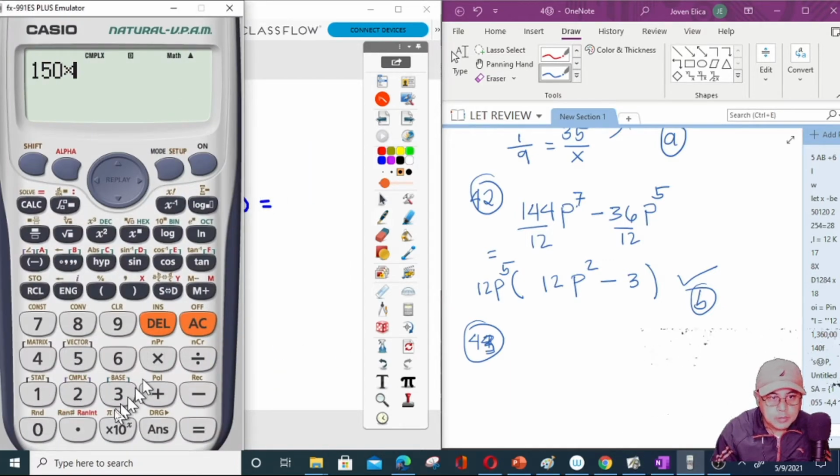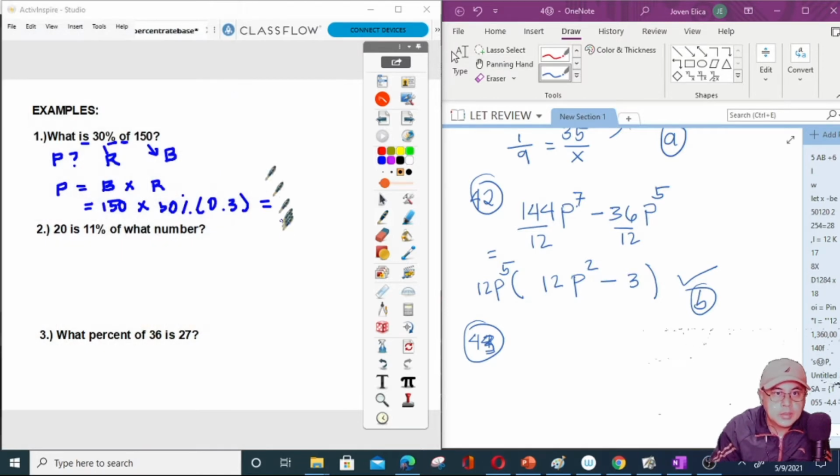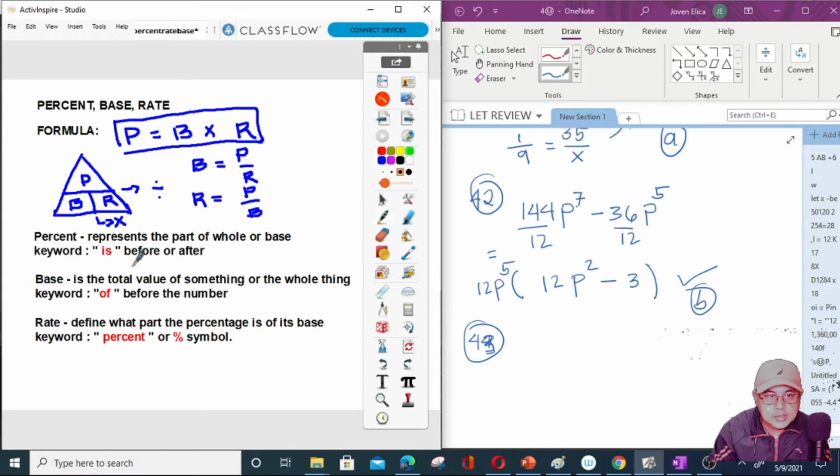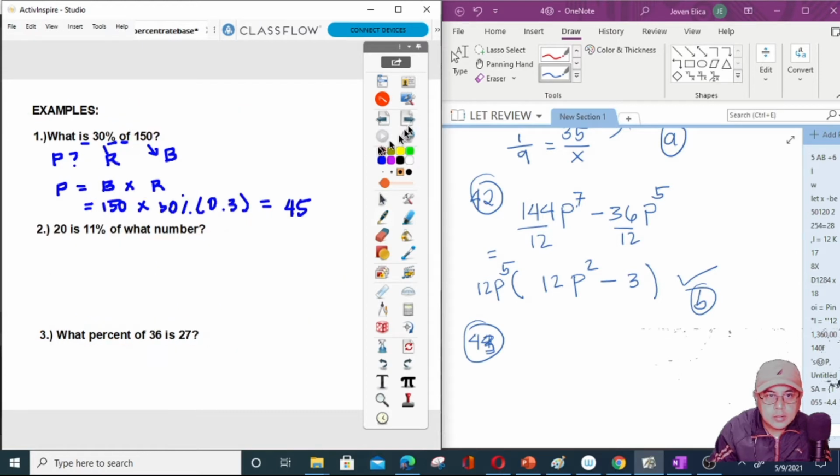To convert percent to decimal, just move the decimal point to the left twice. So 150 multiplied by 0.3 is equal to 45. So this is the answer, 45, the percentage. Yung 45 is just part of the base, which is 150.